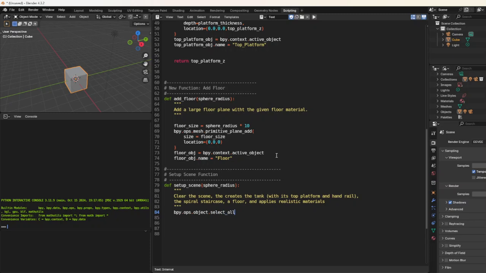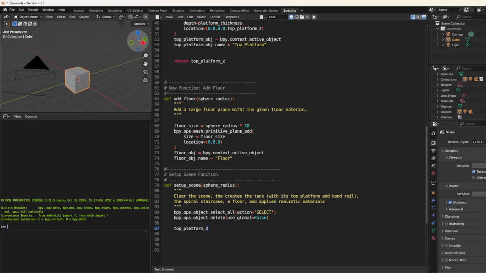Okay, select all. Action is select, then bpy.ops.object.delete with use_global false. So we're just clearing everything so we can put our new model in, because if we don't clear anything, there are going to be too many objects over here, and that's not going to be good.